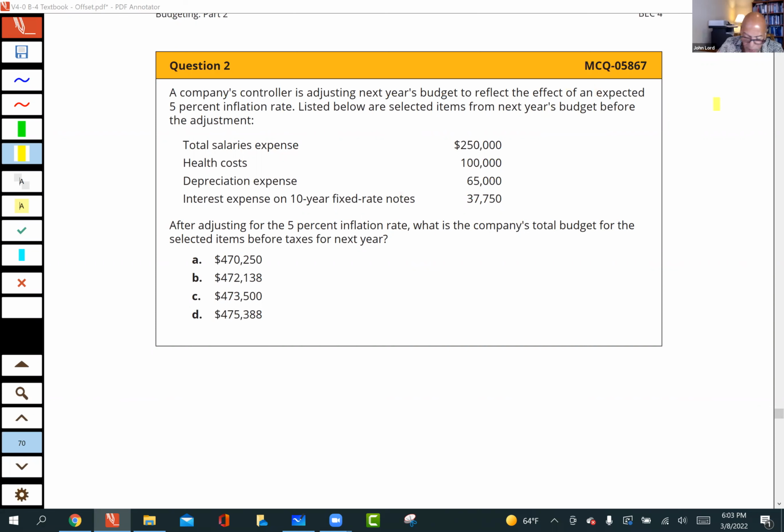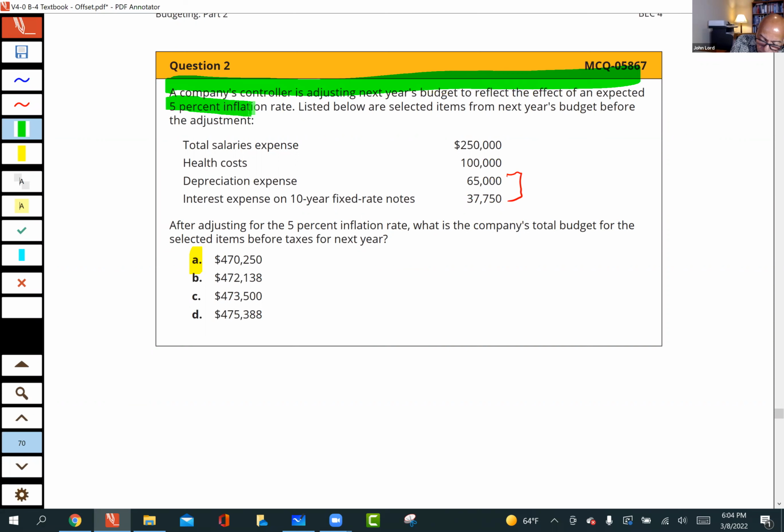The answer is A. And I think the only thing that maybe made this question a little bit tricky was how to handle the depreciation and this fixed interest expense, because in this question, they talk about a 5% inflation rate, but inflation is not going to affect a fixed cost like depreciation expense, and it's not going to affect a fixed interest rate, right?